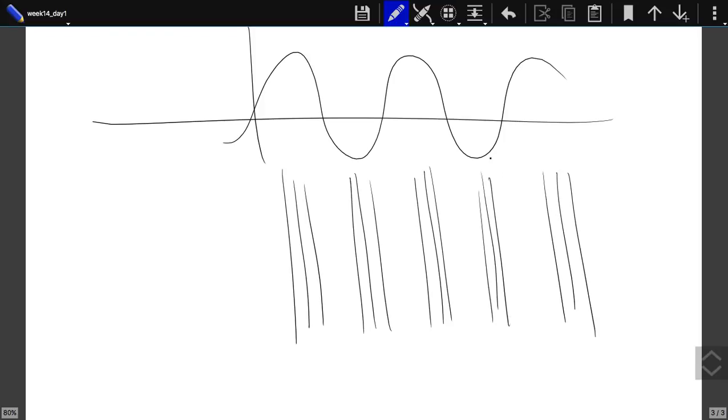You see, the amplitude is large over here, large over here, large over here. So the density of the electric field lines should be large at these points. At these points, the electric field is 0, so the density of the electric field lines should be very small.